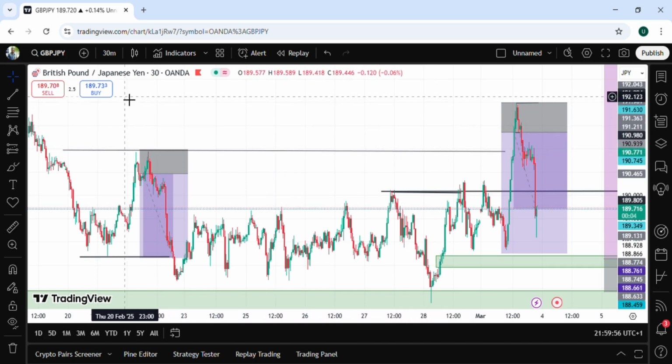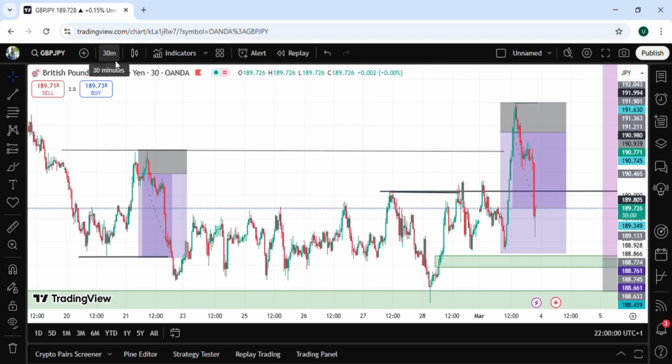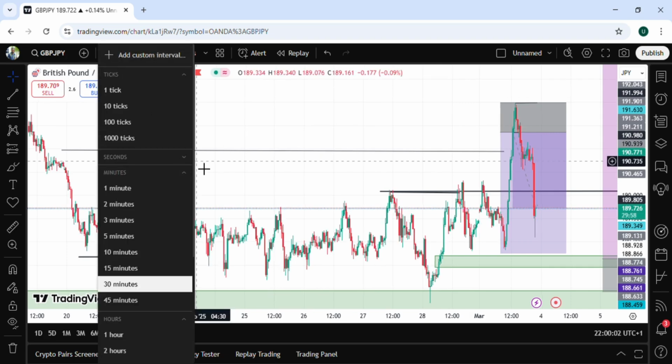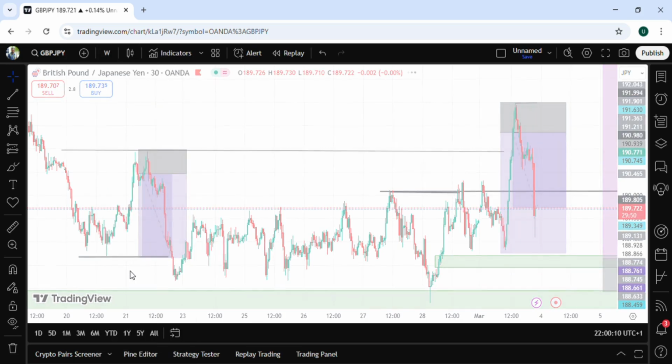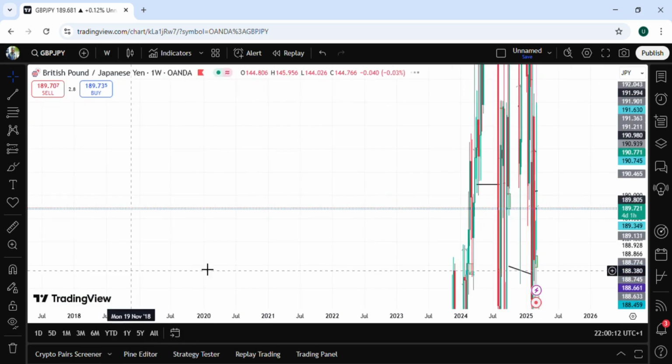So let's go. Oftentimes when I analyze the market, I start from the higher time frame. The higher time frame I mean is the weekly, the daily, but in this case I started from the weekly.